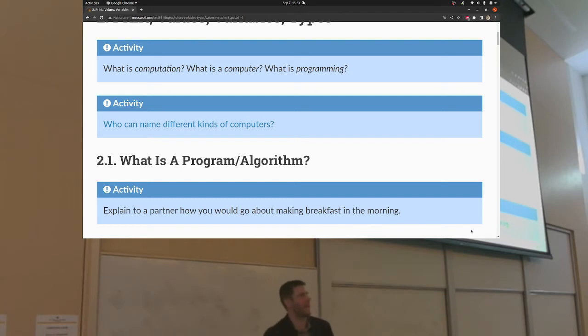By definition, your brain is a computer. It just works a heck of a lot differently than these things. These are only one type of computer. People can build physical computers that don't work anywhere near the same way. This is just one design of a computer.